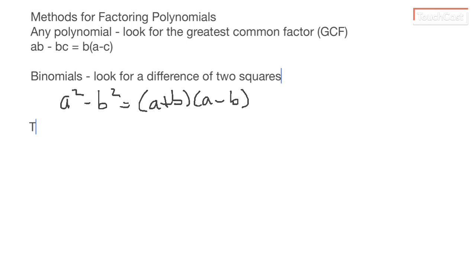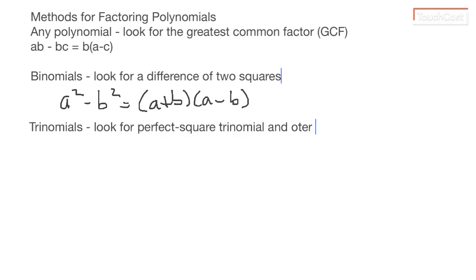Now, trinomials is where we get a little bit more involved. We're going to first look for a perfect square trinomial. And then we're going to look for other factorable trinomials.